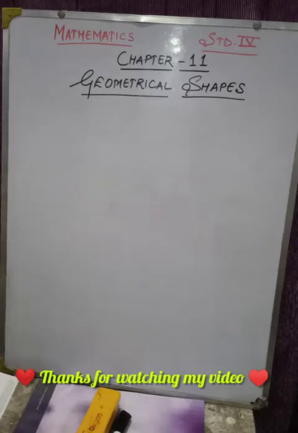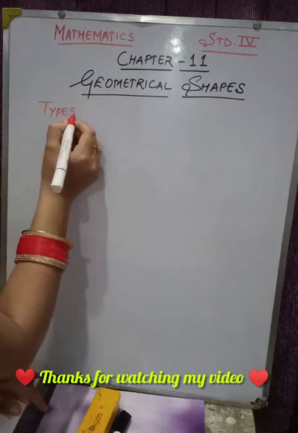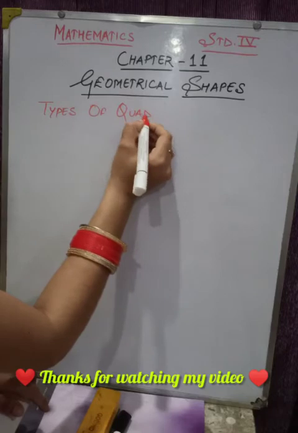Next comes quadrilaterals. We have discussed what is quadrilateral. It is a four-sided closed figure. Now let's discuss types of quadrilaterals.